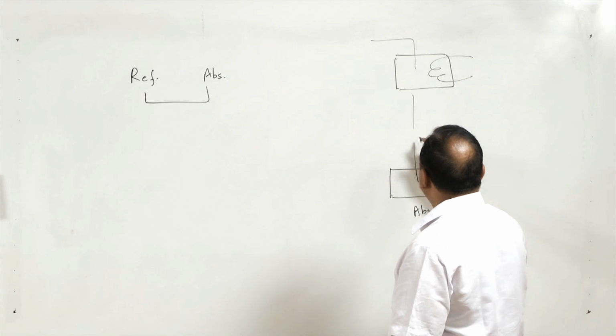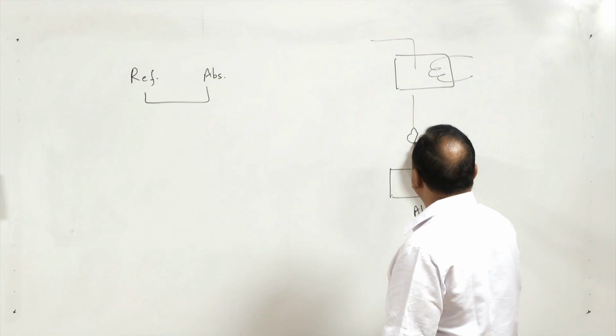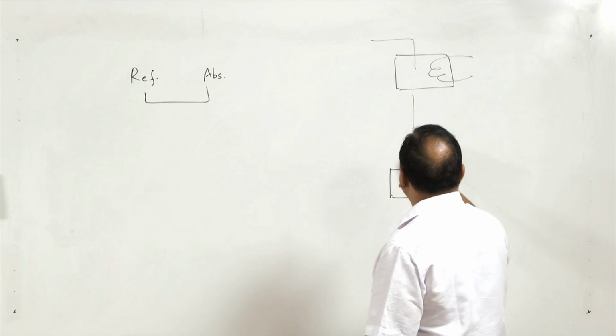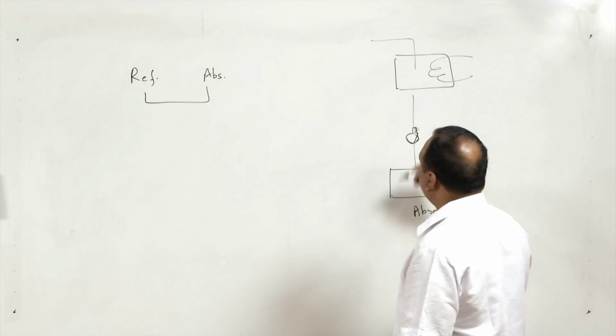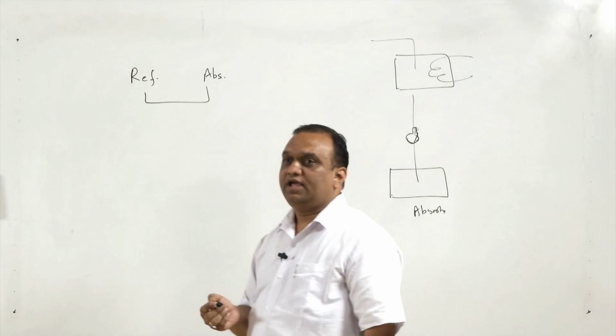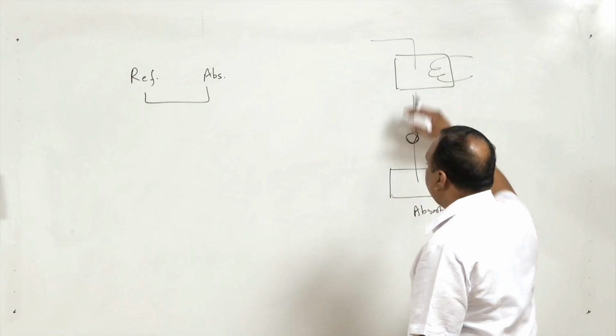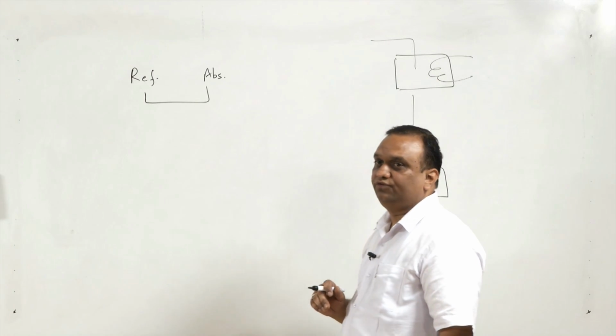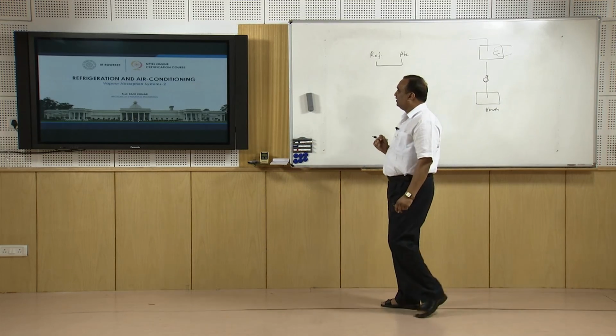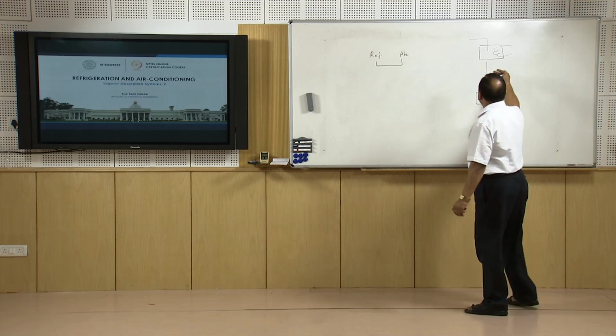During this process, the pressure of the mixture is also increased with the help of a pump, and sometimes a difference in elevation is also used for increasing the pressure. In that case, the generator will be below the absorber.